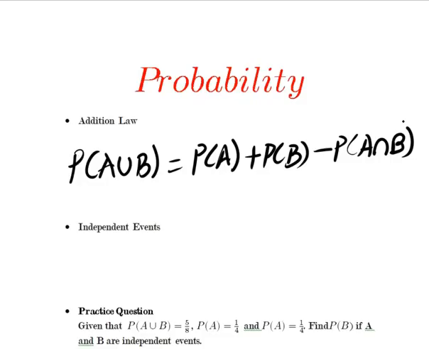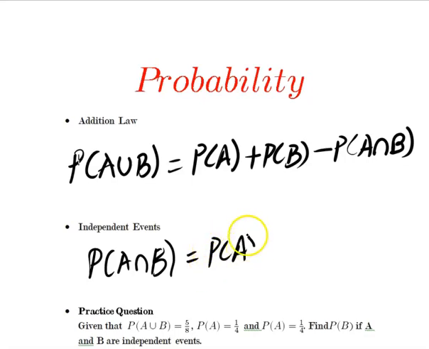Okay? So that said, for any two events that are independent, the probability of A intersection B is equal to the probability of A times the probability of B. Probability of A times the probability of B for independent events.